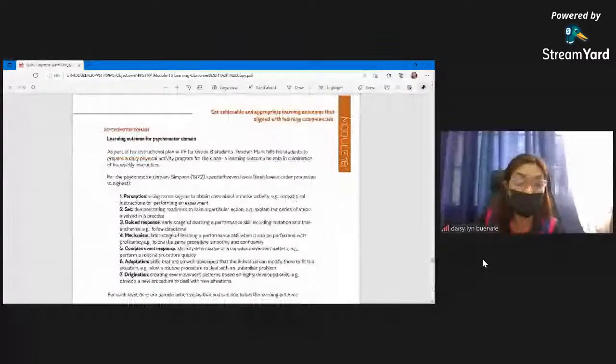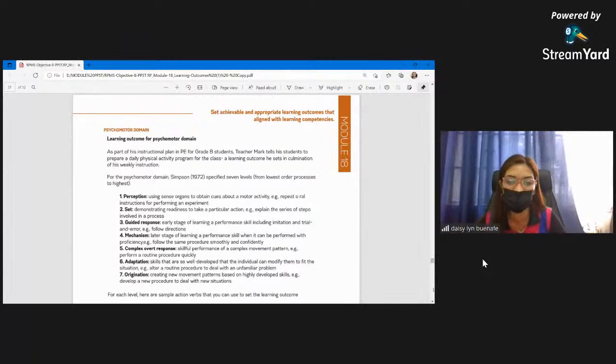Then set, demonstrating readiness to take a particular action. Example, explain the series of steps involved in a process. So step by step.